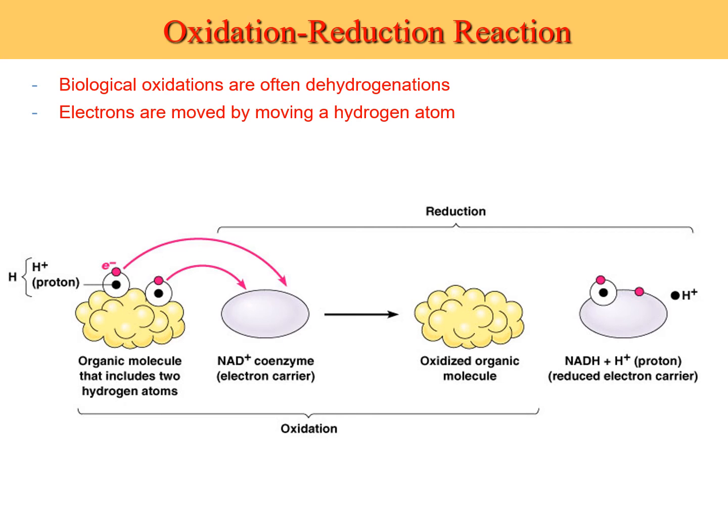Now, what you have quite often is a shifting of hydrogen atoms during redox reactions, because the hydrogen atom will have an electron, so you're moving an electron over.